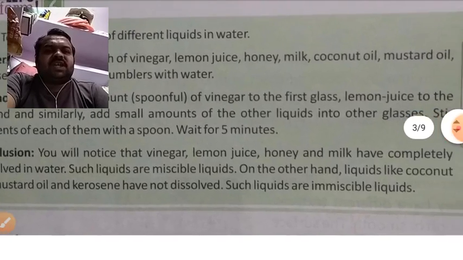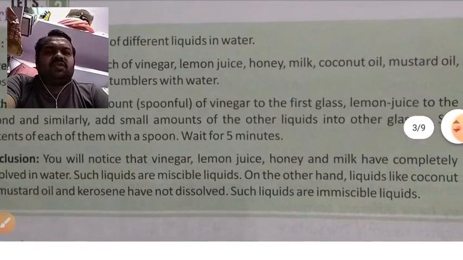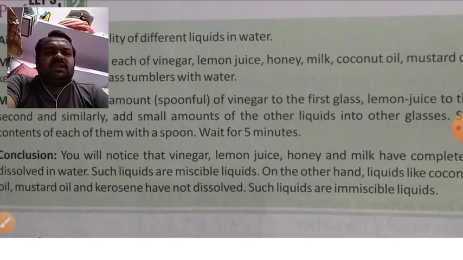Such liquids are miscible liquids. On the other hand, liquids like coconut oil, mustard oil, and kerosene have not dissolved. Such liquids are immiscible liquids.